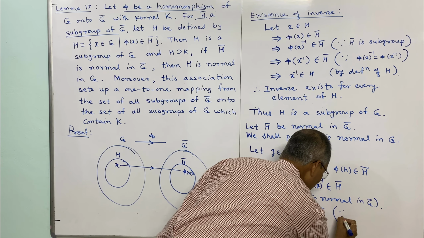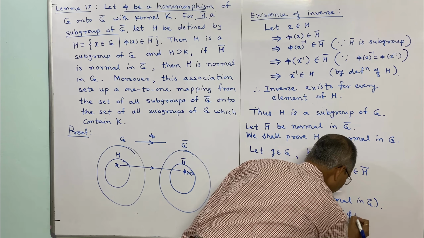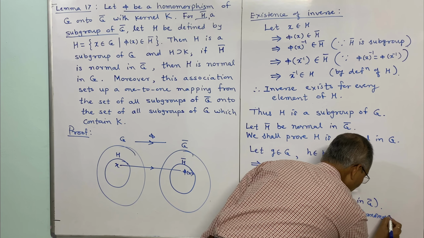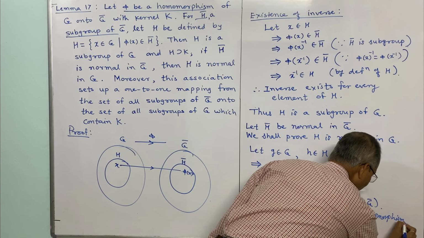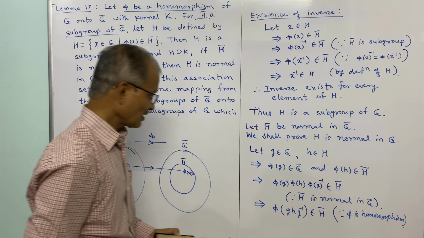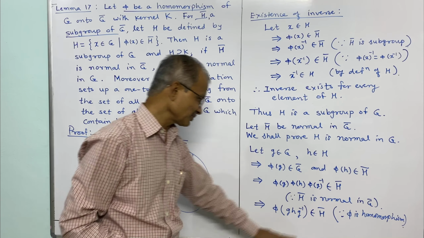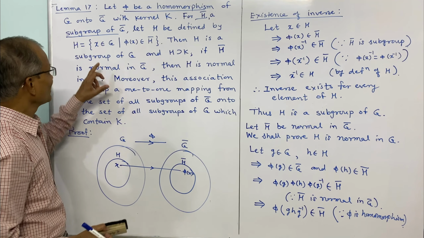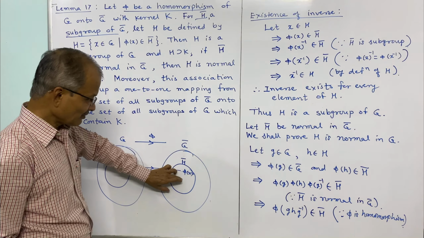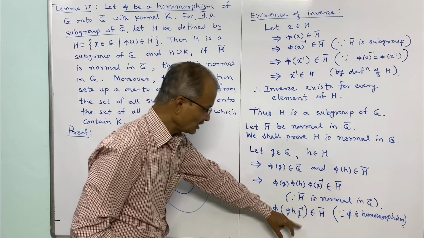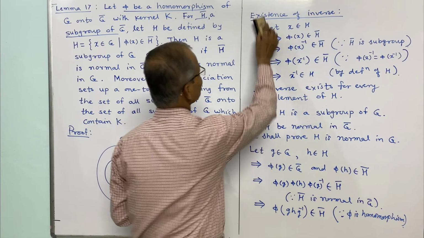The reason for this is phi is a homomorphism, therefore the multiplicative property holds. And again, phi of this element g h g inverse belongs to H bar. So this is in H bar, its inverse image must be in H, meaning g h g inverse must belong to H.